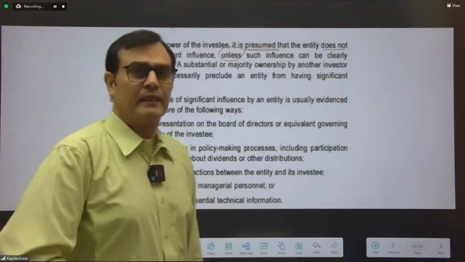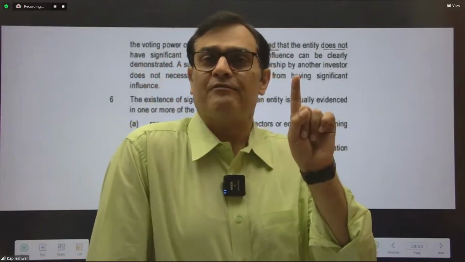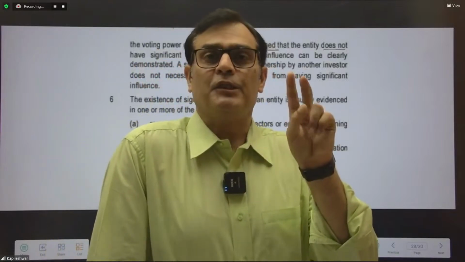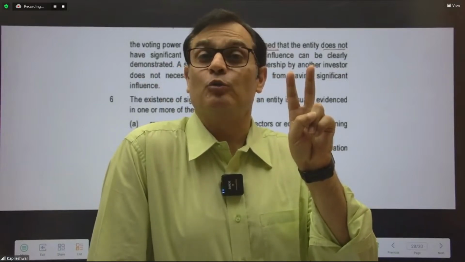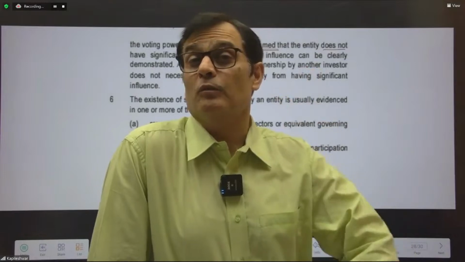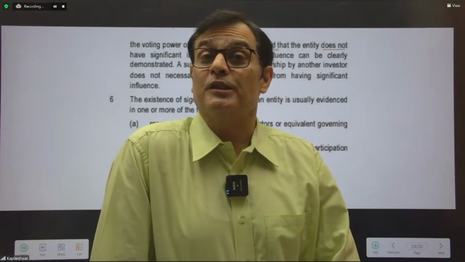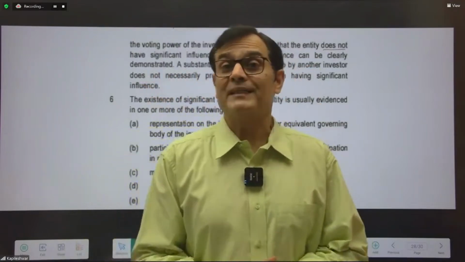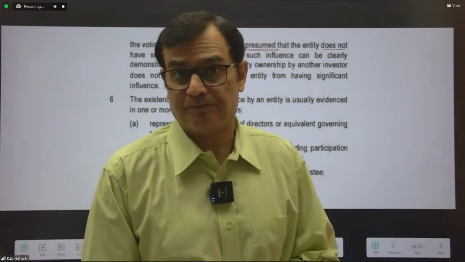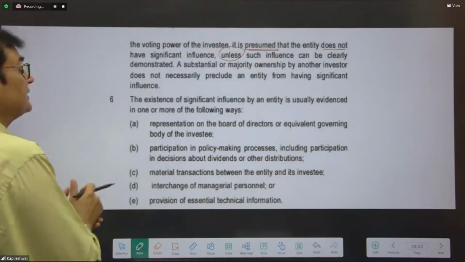So one thing is very clear in para number 5: you need to have direct, or maybe indirect, but indirect only through a subsidiary, 20% or more voting power. If you've got less than 20%, it generally implies no significant influence. 20% or more implies significant influence. But then there is something more, which is given in para number 6.